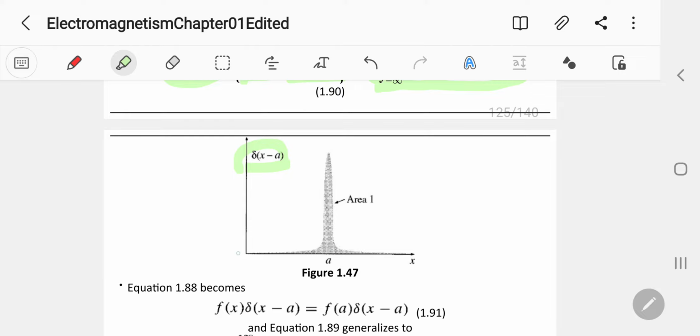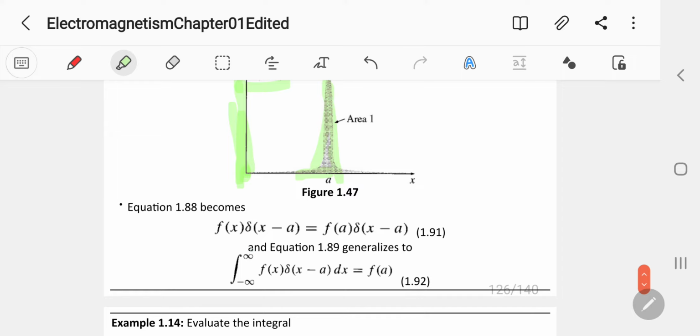So the spike is not anymore here at 0, but here at a, such that your f of x times Dirac delta of x minus a would be equal to f of a Dirac delta of x minus a.